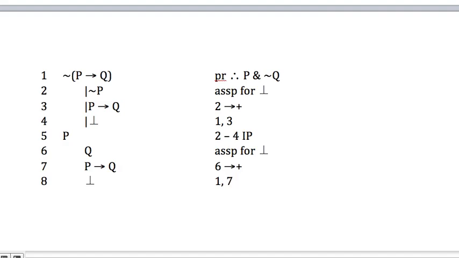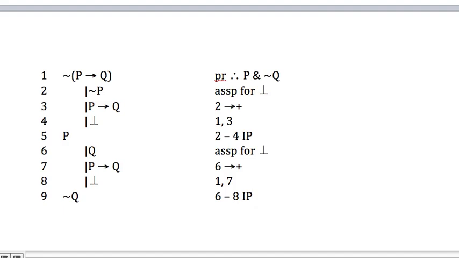We already had a contradiction up here, of course, but that's now behind a scope line. That contradiction was derived relative to this assumption. We've discharged that assumption. That's why we had to do it again down here. So we've got our contradiction. We draw our scope line. And on line 9, we have not Q. Justification for that is going to be 6 through 8 indirect proof.